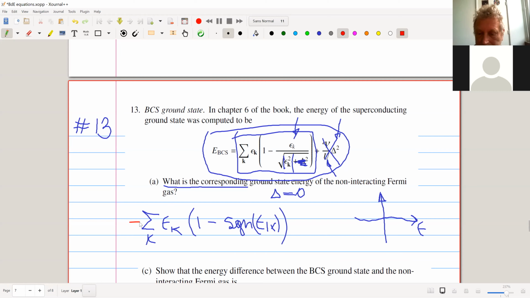Let me plot this function. Okay. Then it's logical. It means if the state is empty, it doesn't contribute to the energy whatsoever, and for filled states, I just sum up the energies.